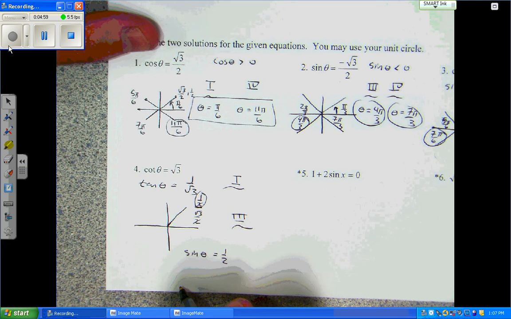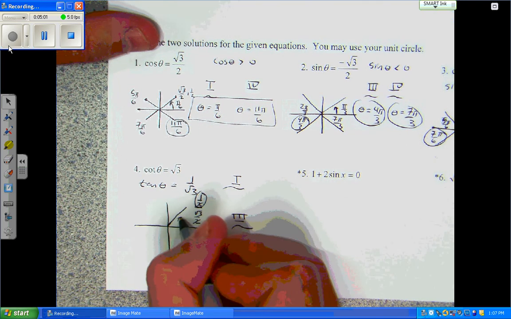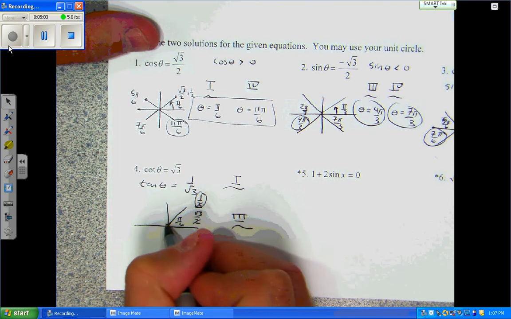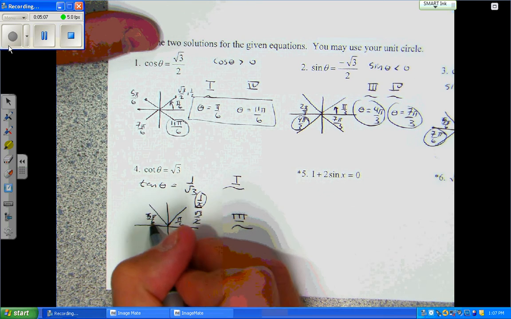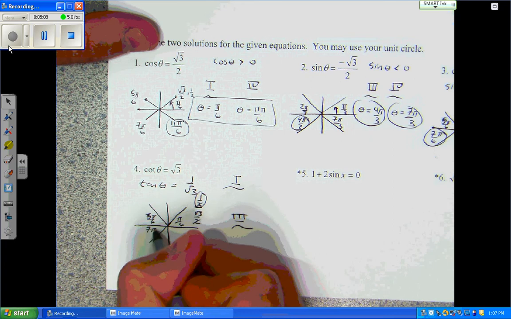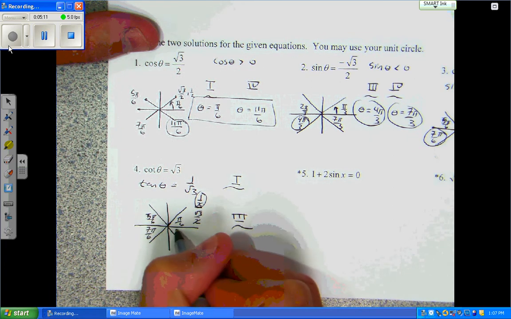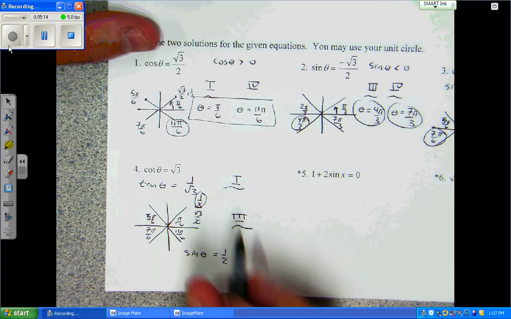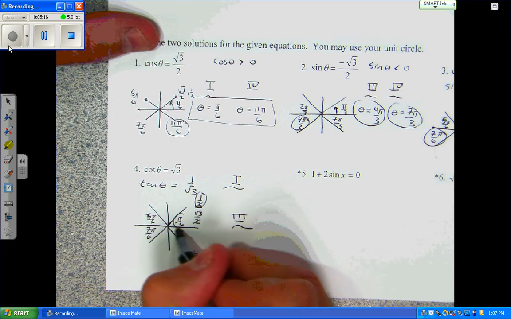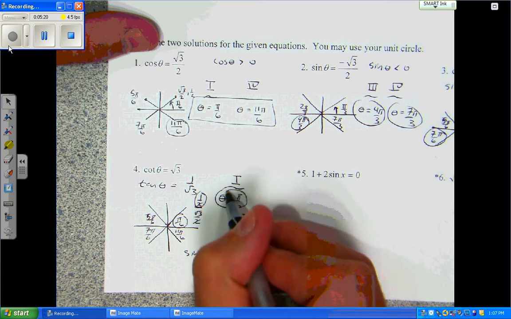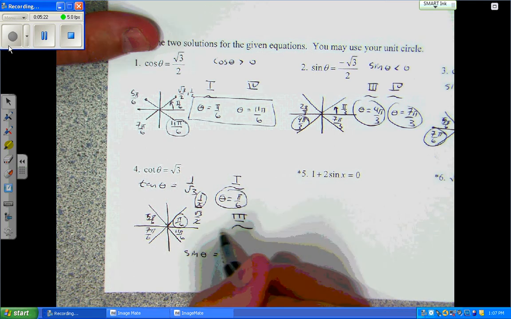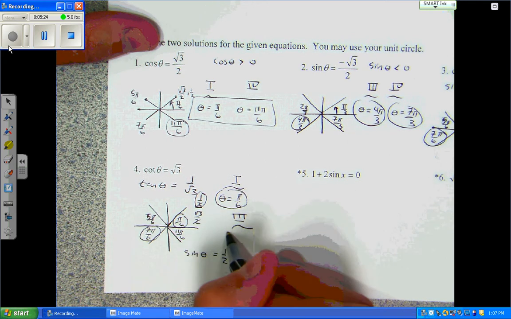And from problem number 3, we know that's going to be at the pi over 6's. So we get pi over 6, 5 pi over 6, 7 pi over 6, 11 pi over 6. And again, I want the first quadrant, which is pi over 6. There's our first angle. And our third quadrant becomes 7 pi over 6.